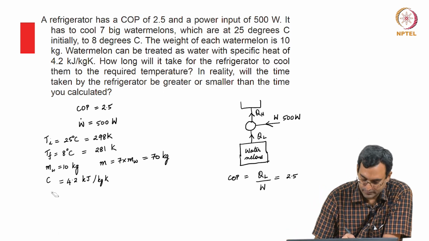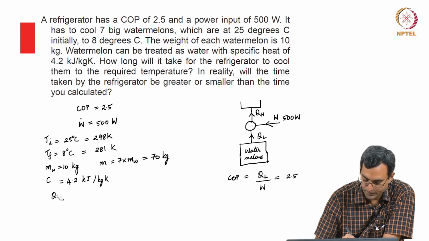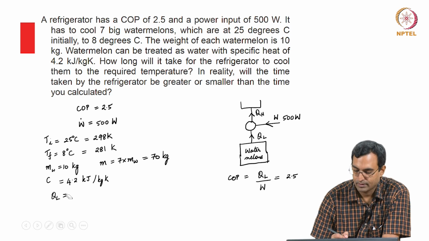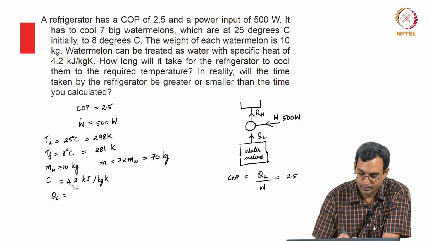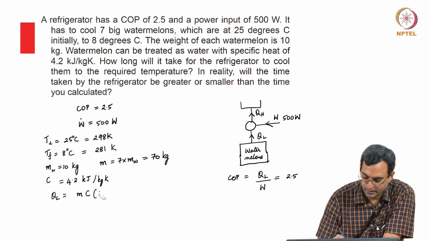So that is something we have. So the QL is what we are removing from this over here. In this case, we are trying to cool these watermelons. So the heat which we need to remove is given as m into C into T final minus T initial.